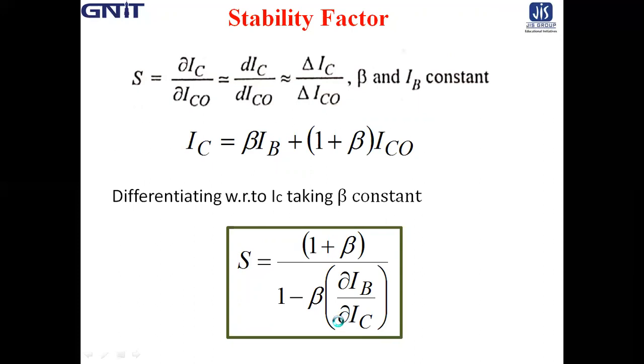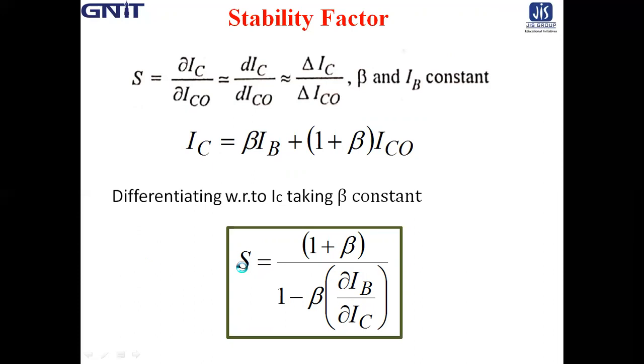So the stability factor for a particular type of biasing circuit is obtained by first determining the relationship between IB and IC and then using this expression. In that way, you can easily determine the stability of a particular biasing circuit.